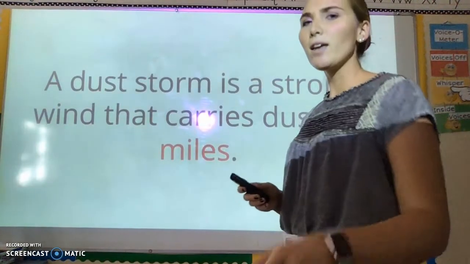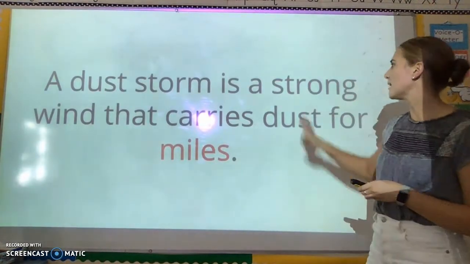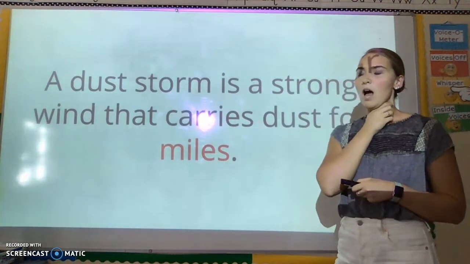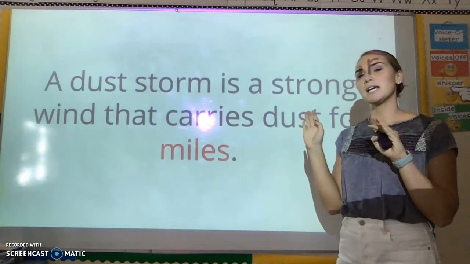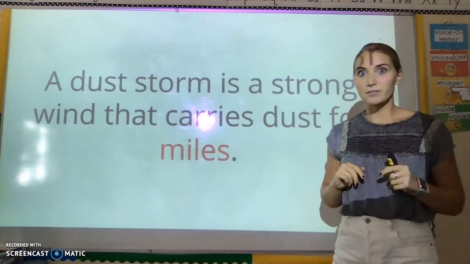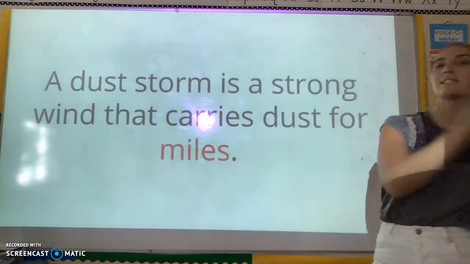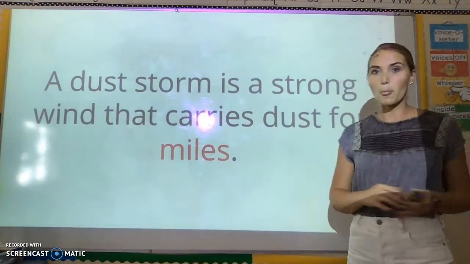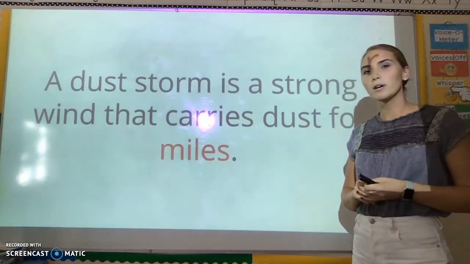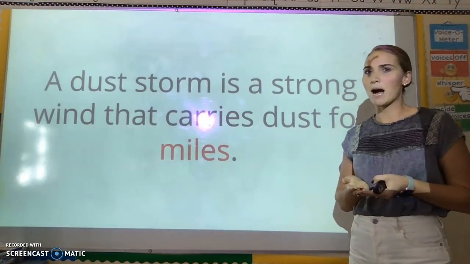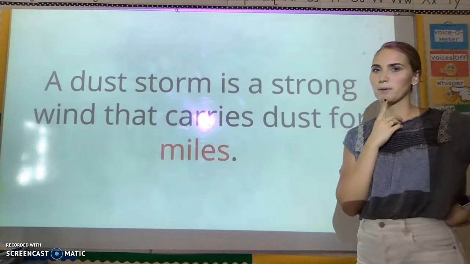So if we are dealing with a strong wind, I know that wind blows like this, and if it's a strong wind, it blows really hard like this. So, the wind will carry dust for miles. What do you think miles probably means?